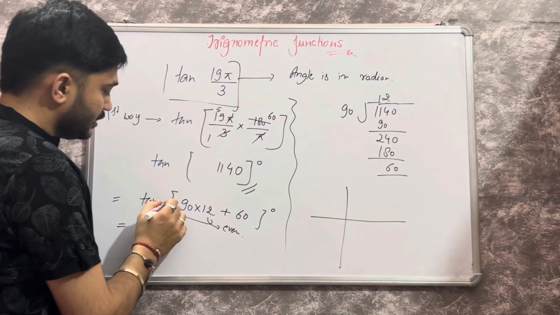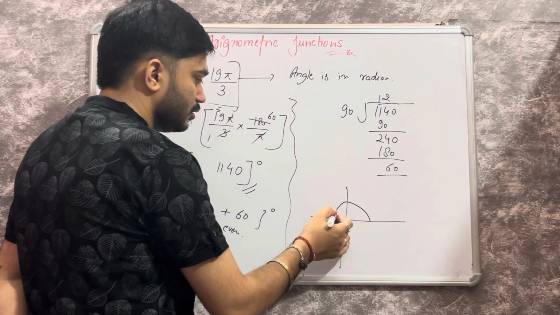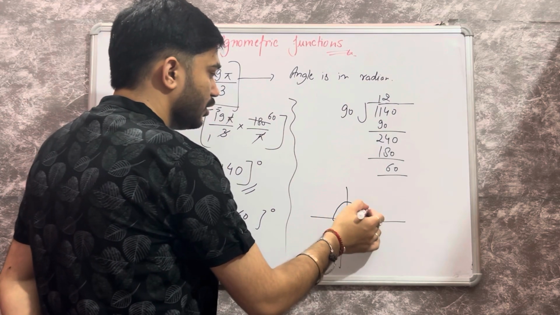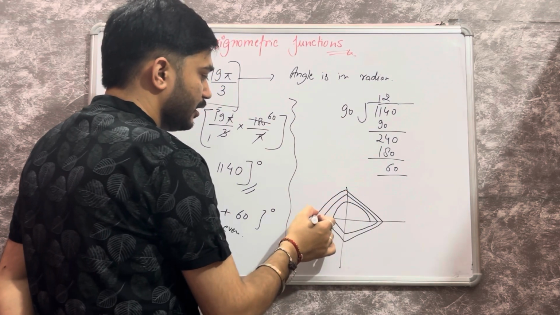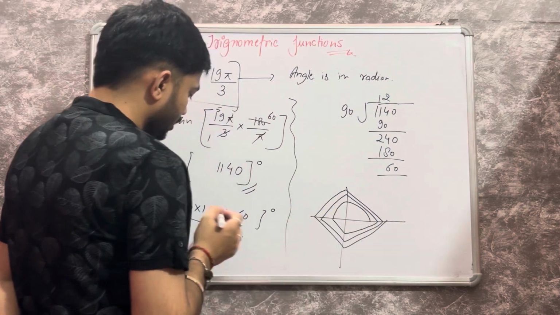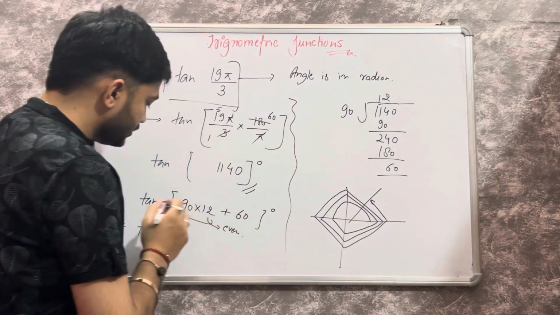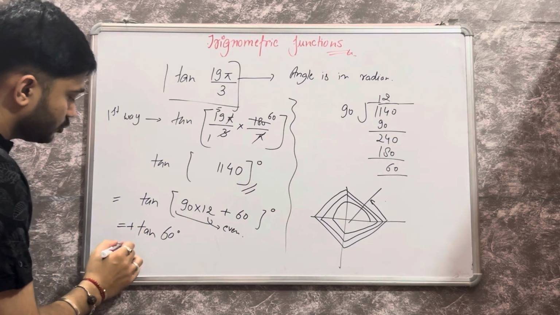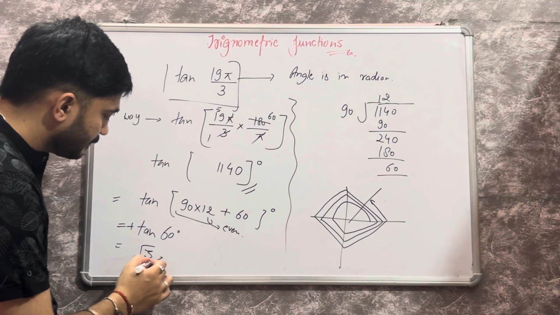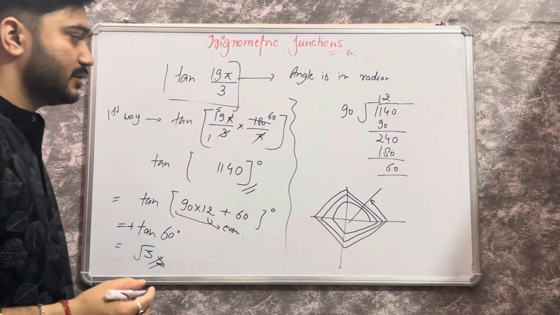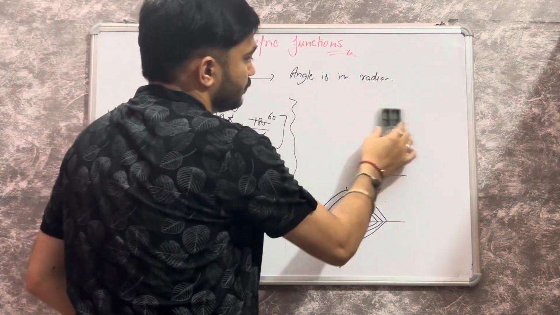Since it is positive, we go in the anticlockwise direction, 1 2 3 up to 12, then plus 60. Here everything is positive, so a plus sign is added. Tan 60 is root 3. This is our answer, the first way in which you can solve this problem.